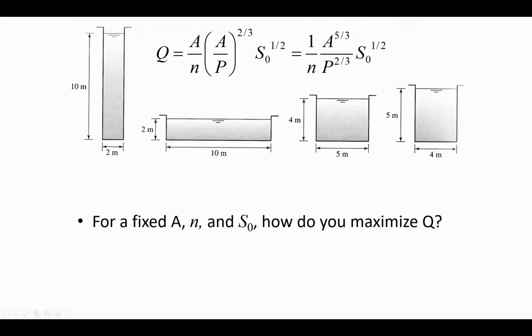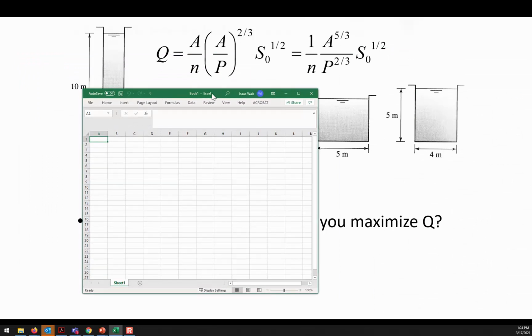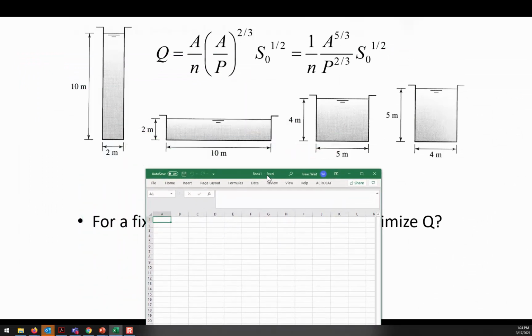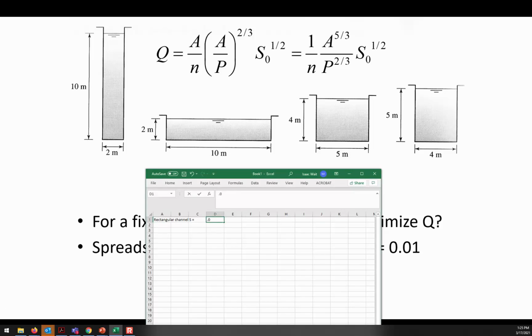Now let's take a look at, what if we just set this up on a spreadsheet as a proof? Let's solve Manning's equation for a couple of different shapes. So let's set it up. We've got a rectangular channel, and I'll define here the slope is 0.01 and an N value of 0.013.